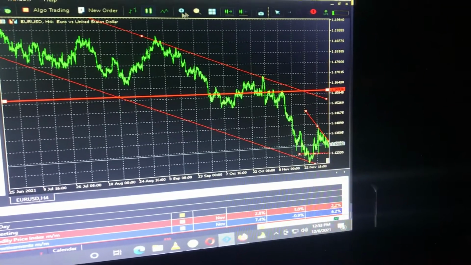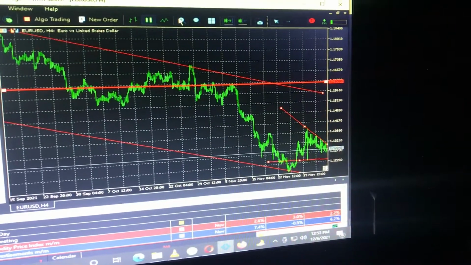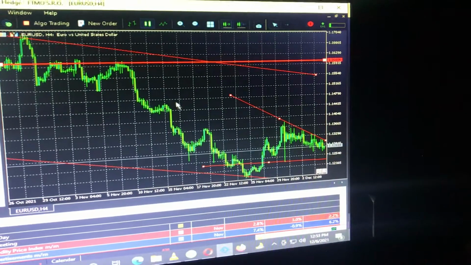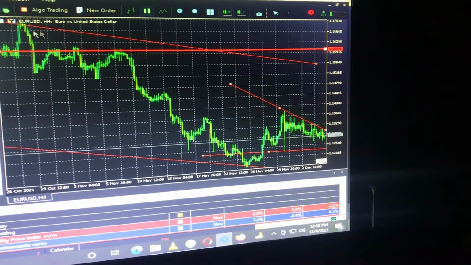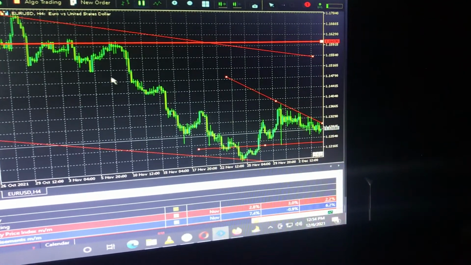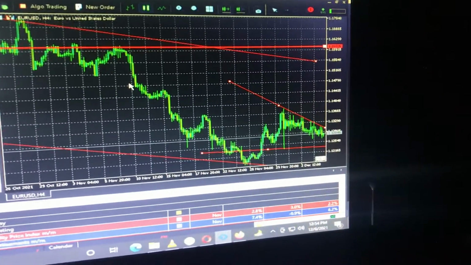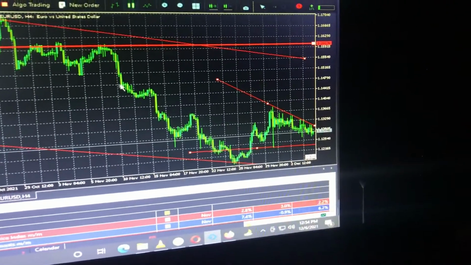It has been respected, and then when we go closer, once this trend line was touched, it started going down because it respects that certain price level, and it keeps going down and down.